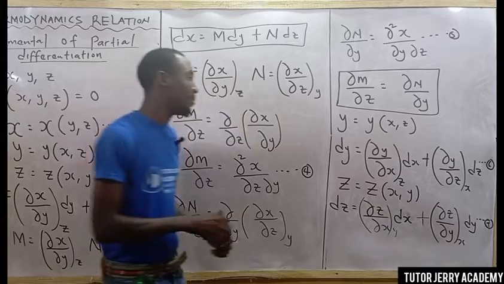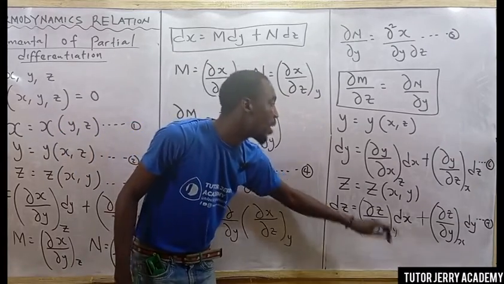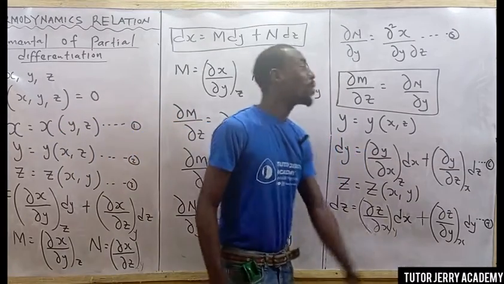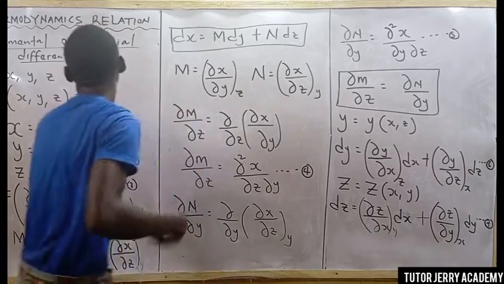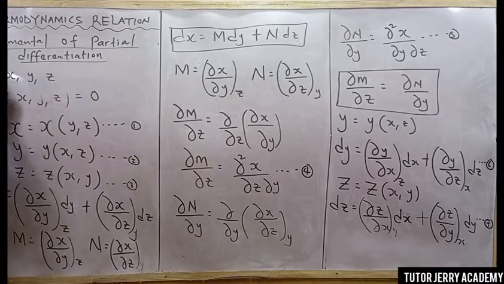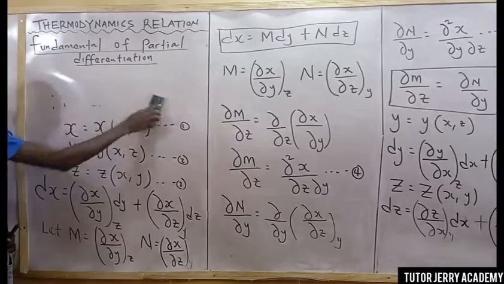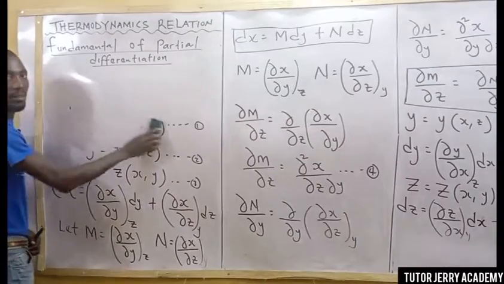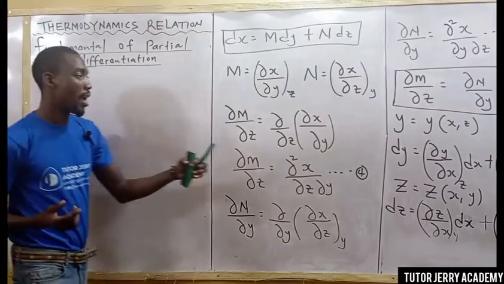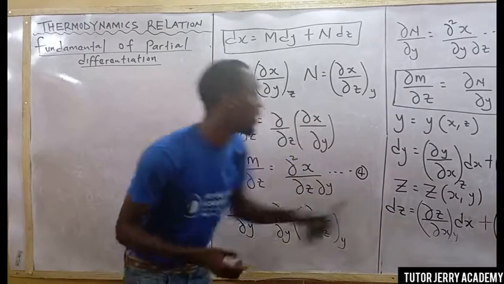Sorry, just looking at it now. All right, so now everything we have here, we are going to substitute here. Okay, so we are substituting this into that equation now.